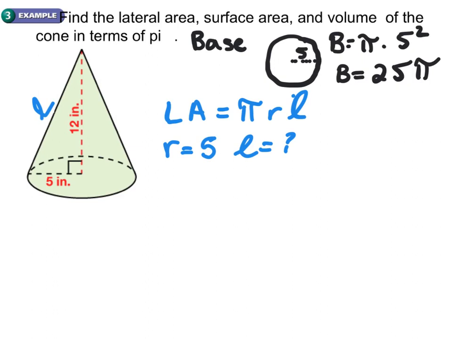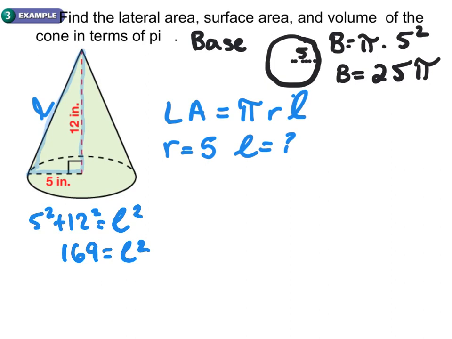However, we have a right triangle formed like we did for the pyramids, so I can use the Pythagorean theorem to solve. So I'd have 5 squared plus 12 squared equals L squared. If I simplify that, we get 169 equals L squared. And we take the square root of 169, which gives us 13, which is, again, one of our Pythagorean triples, so we could use that as a shortcut as well.